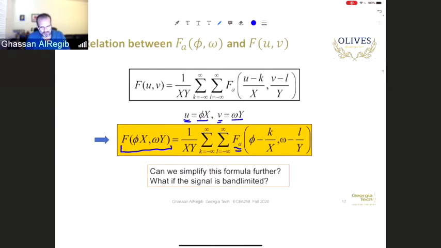So now let's move on. What if F sub A has overlaps? Can we wait for that question until we have an example? Because this overlapping, that's why the capital X, capital Y, and the maximum non-zero frequency component in F sub A, all of these will be together.